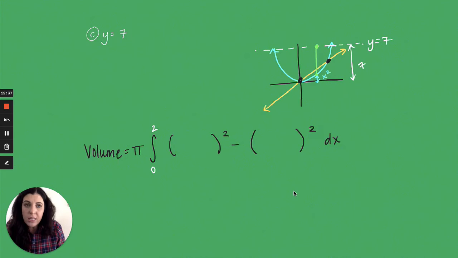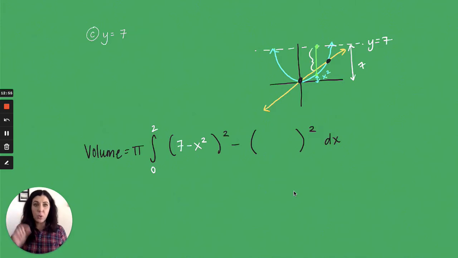So that total distance is 7. The distance from the parabola to the x-axis is x squared. So I'm looking for the difference of those things. So what I end up getting is 7 minus x squared. That would be the distance between those two things, to the blue curve there.